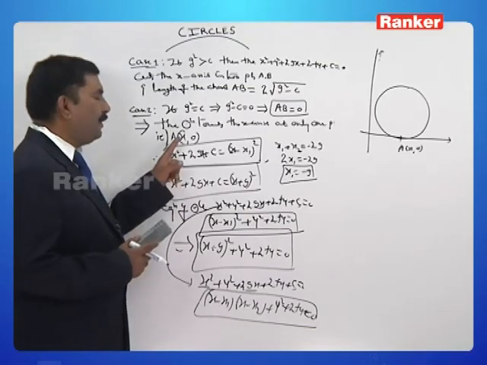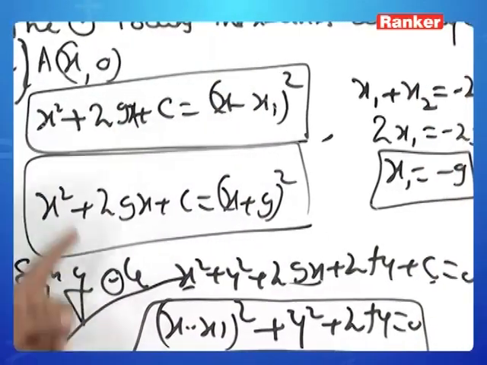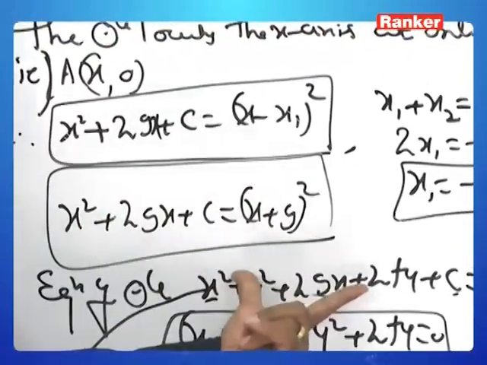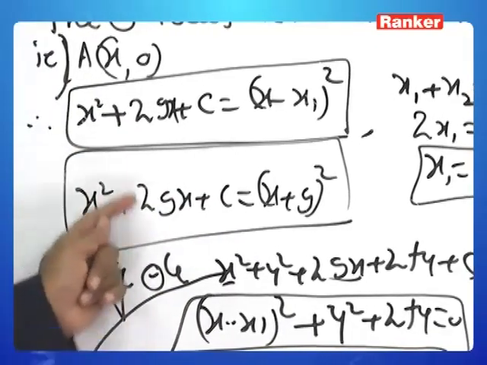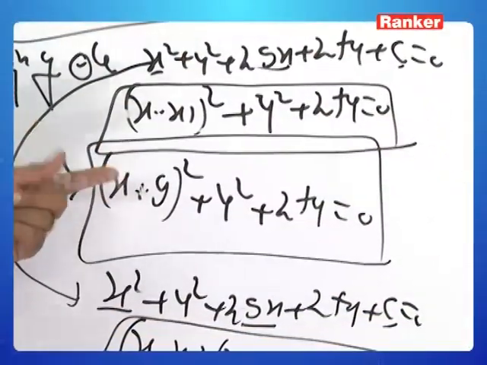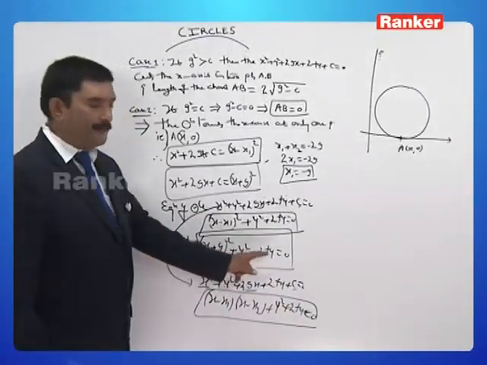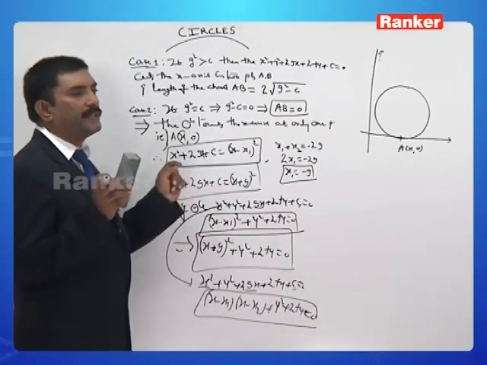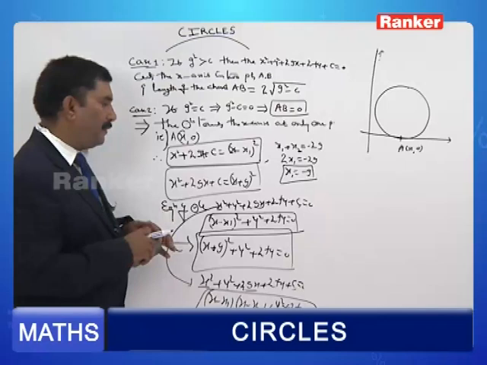So S is equal to 0 can be written as x minus x1 whole square plus y square plus 2fy, or else x plus g whole square plus y square plus 2fy is equal to 0. This gives the equation of the circle touching the x-axis at only one point when g square is equal to c.